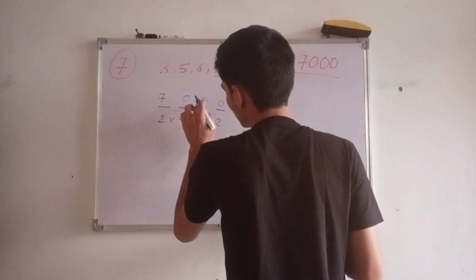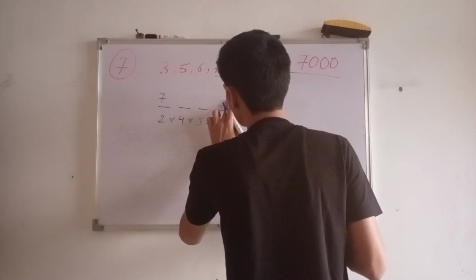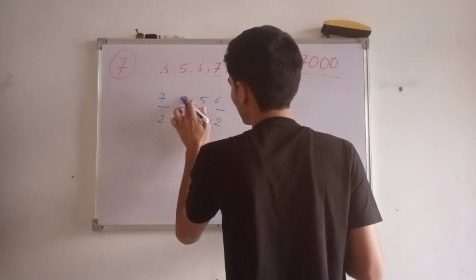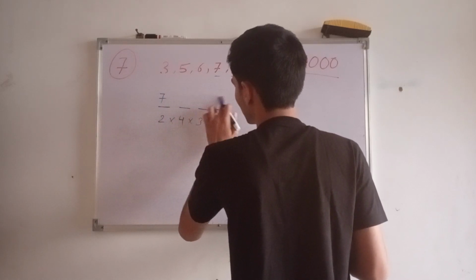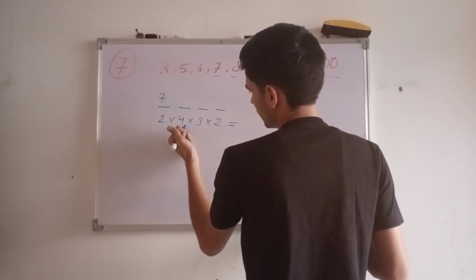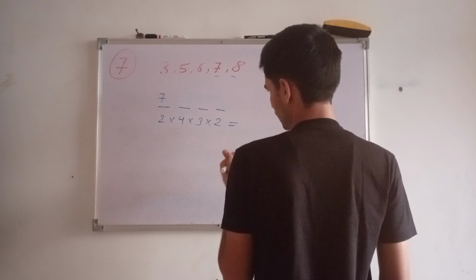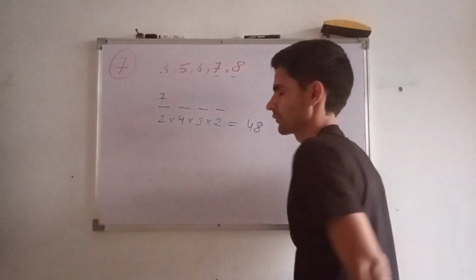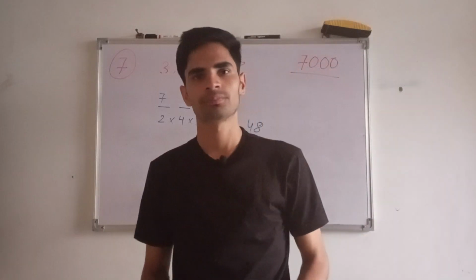But that cannot happen here because we don't have zeros. Any number you consider here will always be greater than 7000. So these are all the possible 4-digit numbers. 4 times 3 is 12, 12 times 2 is 24, 24 times 2 is 48.